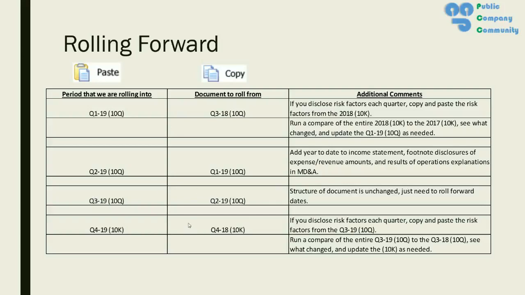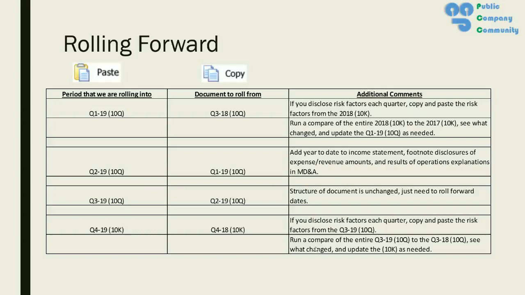And then another relatively difficult roll forward to do is when you're rolling forward the 10K. So for the 10K, you want to copy and paste in the last year's 10K, but then for the risk factors, we want to take the Q3 risk factors, the most recent filing, and paste those in to now be our 10K risk factors.